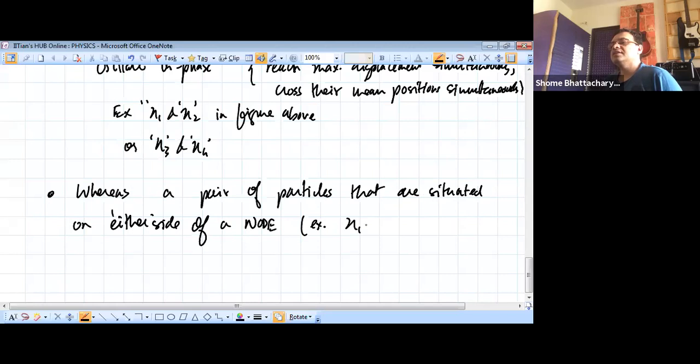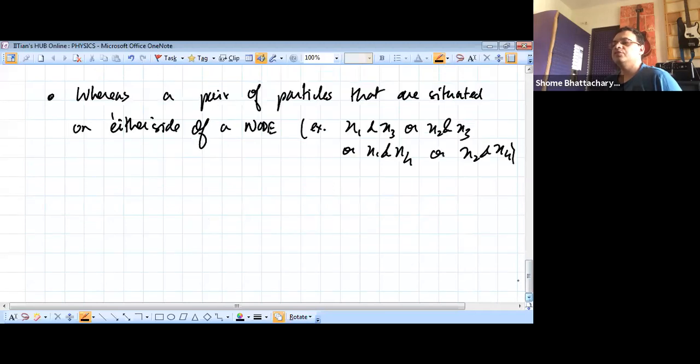For example, x1 and x3, or x2 and x3, or x1 and x4, or x2 and x4. They are oscillating with opposite phase, or a phase difference of pi.